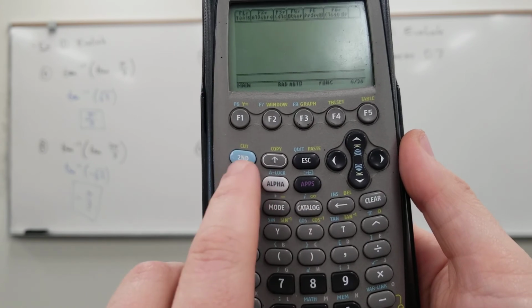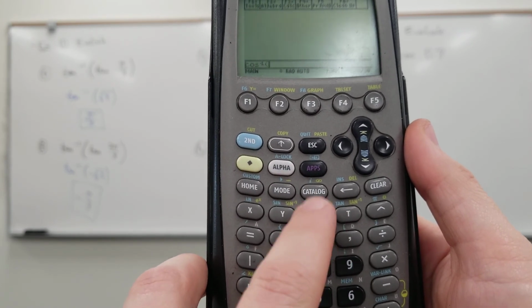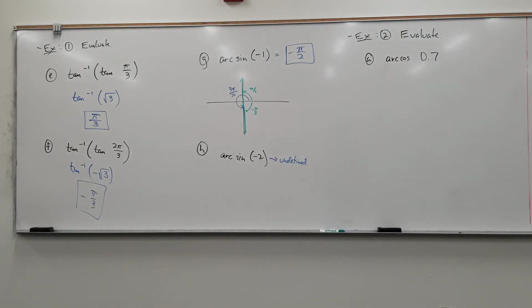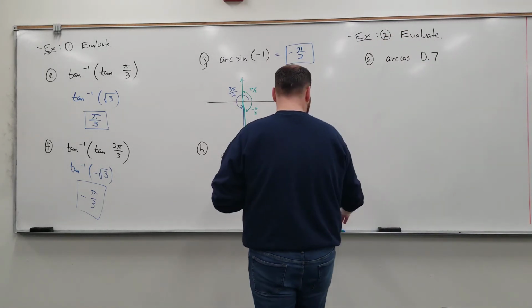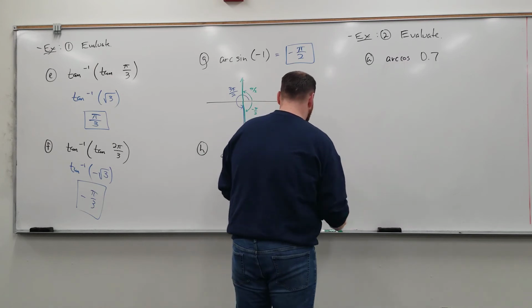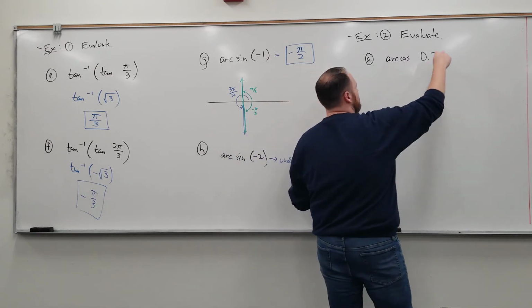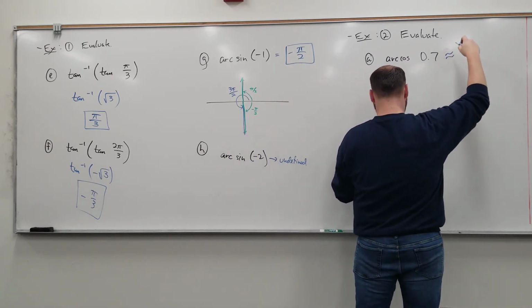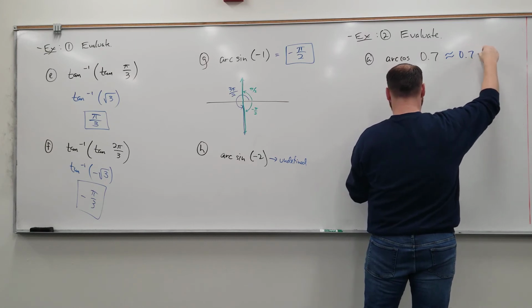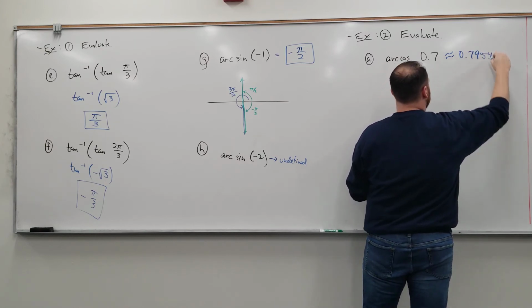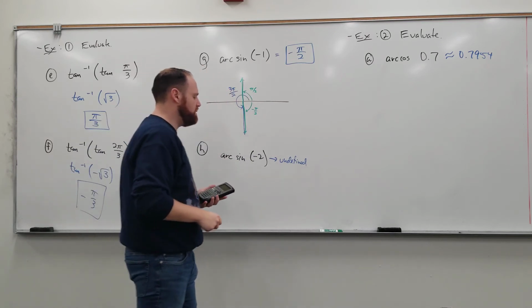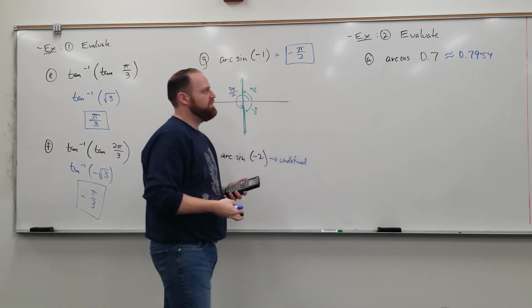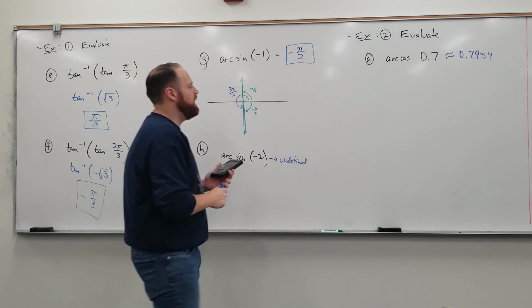So I'm going to press diamond, cosine inverse, and then 0.7. Okay, so that's approximately 0.7954. And that's all there is to that.